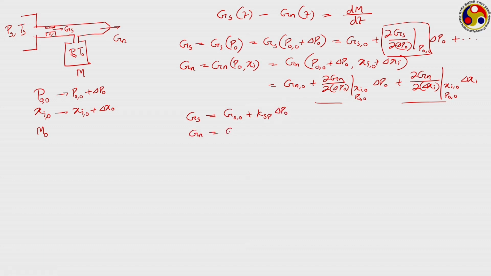Similarly, Gn will be equal to Gn 0 plus k n P into delta P naught plus k n x into delta xi. Here of course, we are neglecting all the higher order terms, second order onwards.